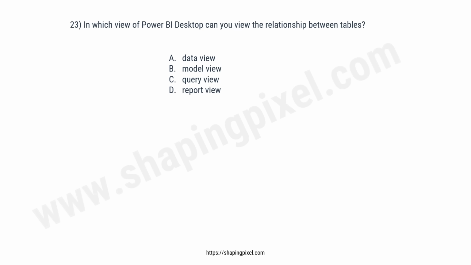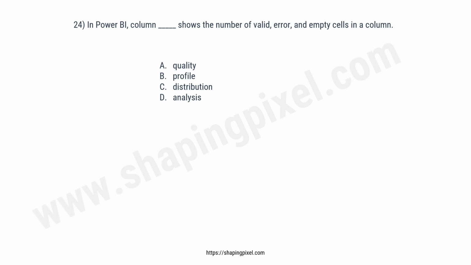Question number 23. In which view of Power BI Desktop can you view the relationship between tables? And we have four options: data view, model view, query view, report view. So the right answer here is option B, model view. Question number 24.